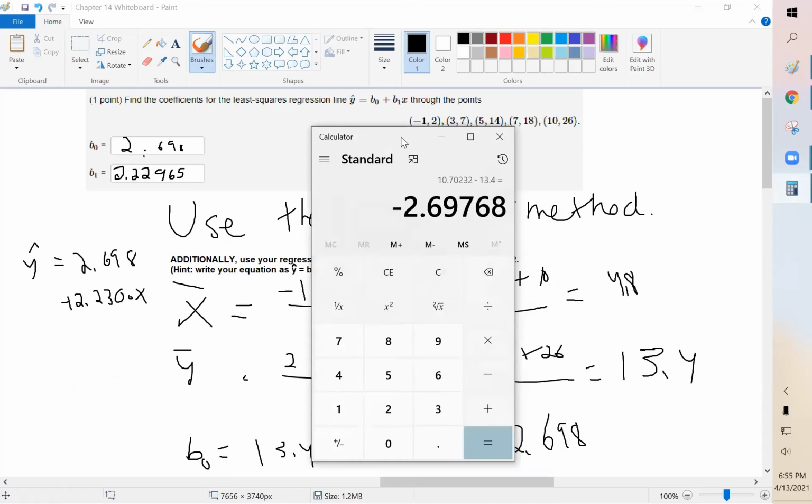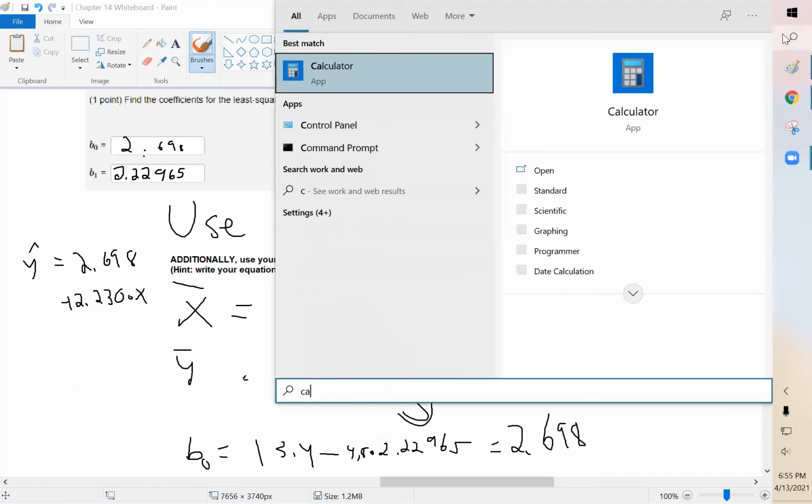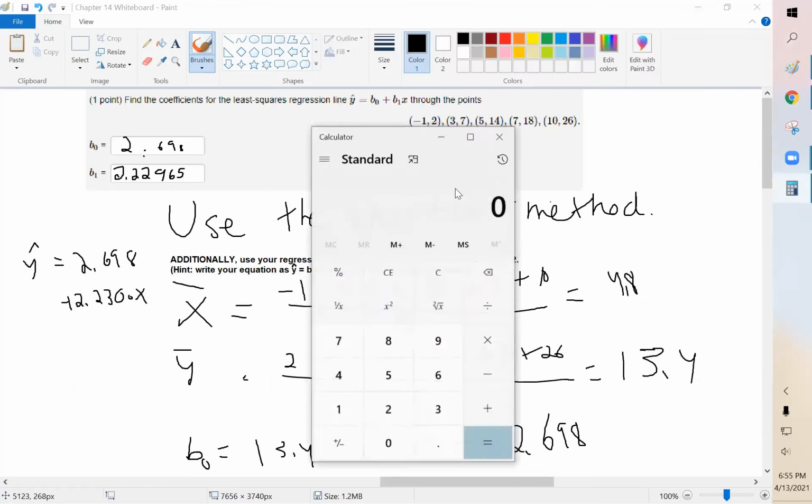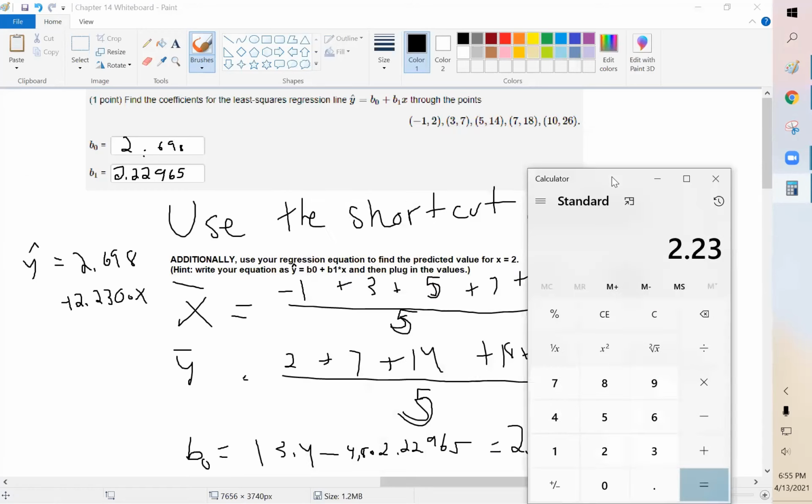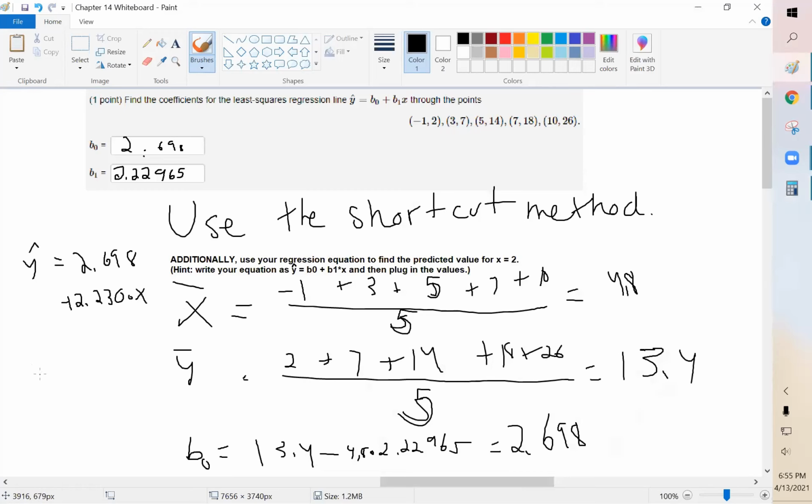Somehow it crashed a calculator. That's impressive. I'll pull it back up. 2.23 times 2, add the 2.698. And so our predicted value of Y hat is 7.158.